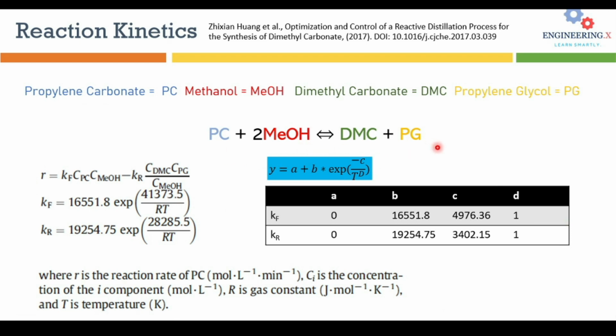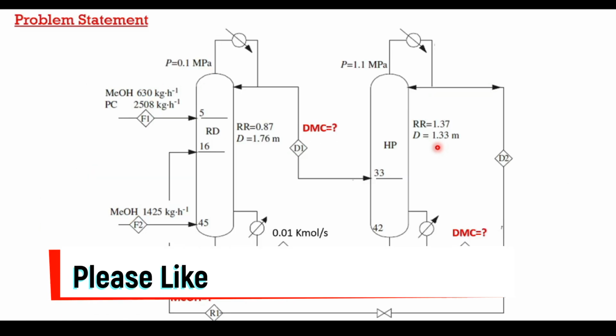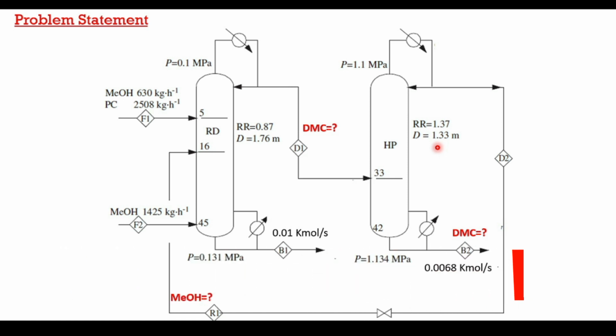Now let's move to the flow sheet that we will construct in DWSIM, and the flow sheet consists of two distillation columns. One is the reactive distillation column, the second column is a high pressure distillation column.